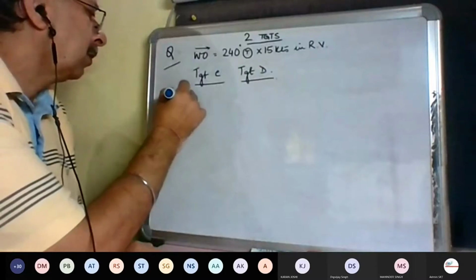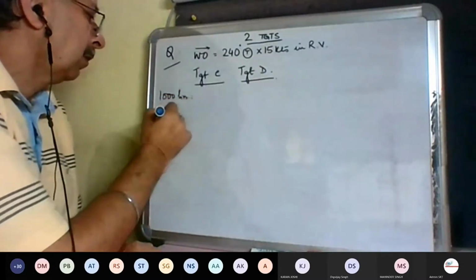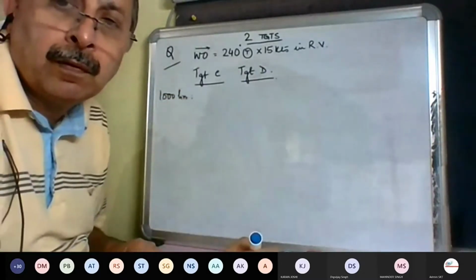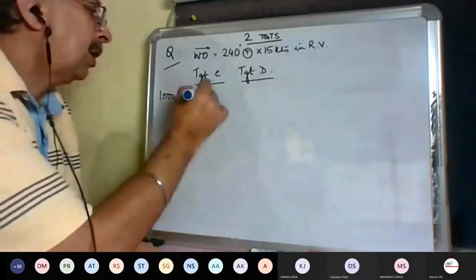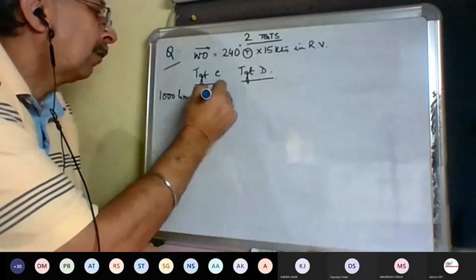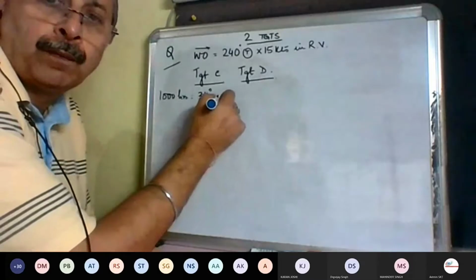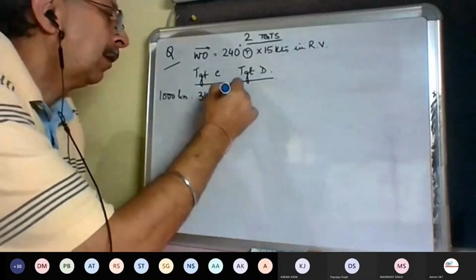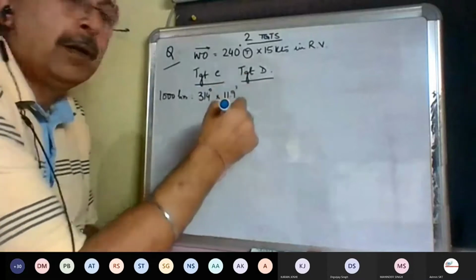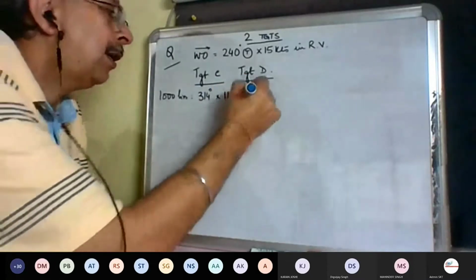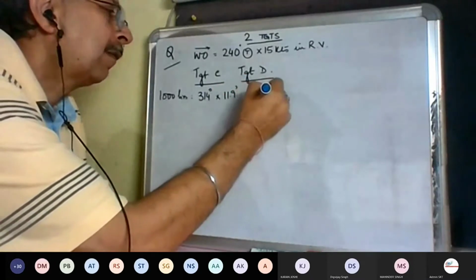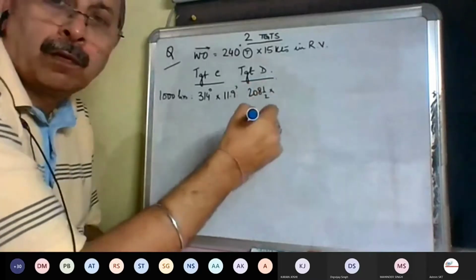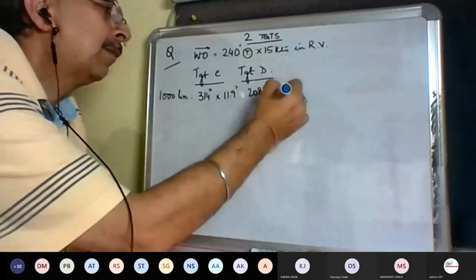At 1000 hours, target Charlie is 314 degrees true, 11.9 miles. Delta is 208 and a half, 10 miles.